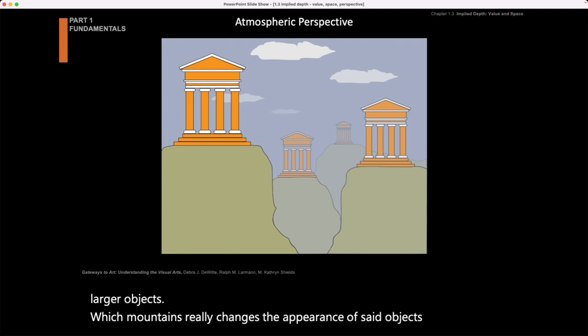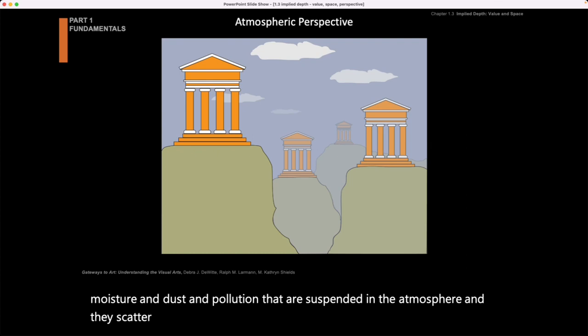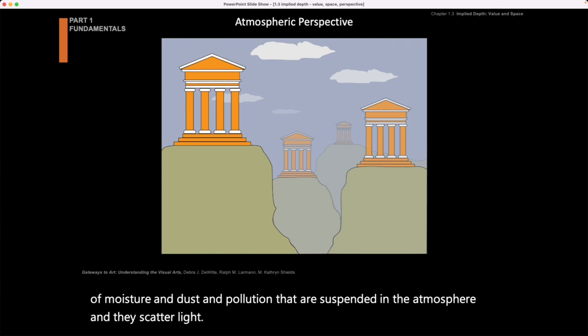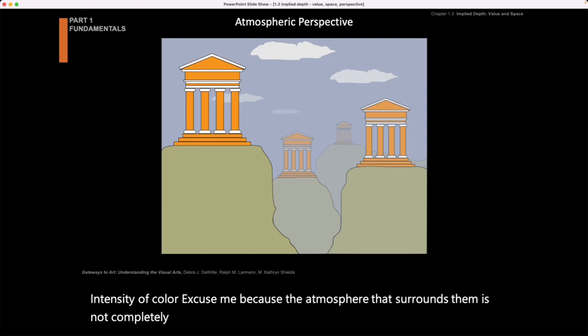There are particles of moisture and dust and pollution that are suspended in the atmosphere and they scatter light. Distant objects lack contrast and detail, and sharpness of focus and intensity of color, because the atmosphere that surrounds them is not completely transparent.